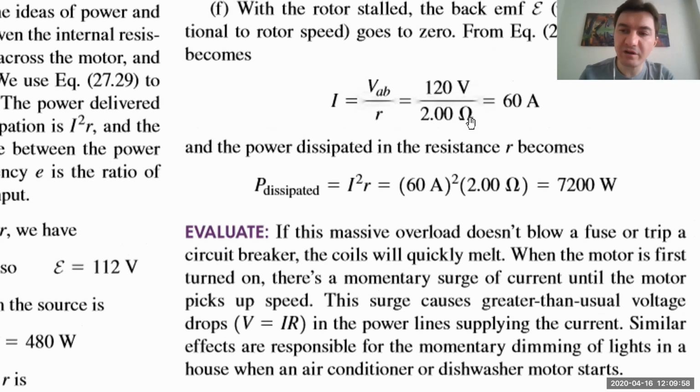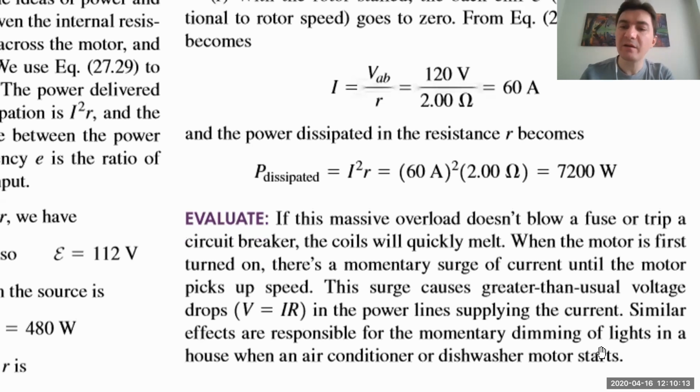Since there is no rotation or very slow rotation at the beginning, they will draw huge currents. Then there will be a voltage drop in the whole system, and the brightness of the lights will be less, okay? It also happens in homes, or you can see it in laboratories, in industry buildings, for example.